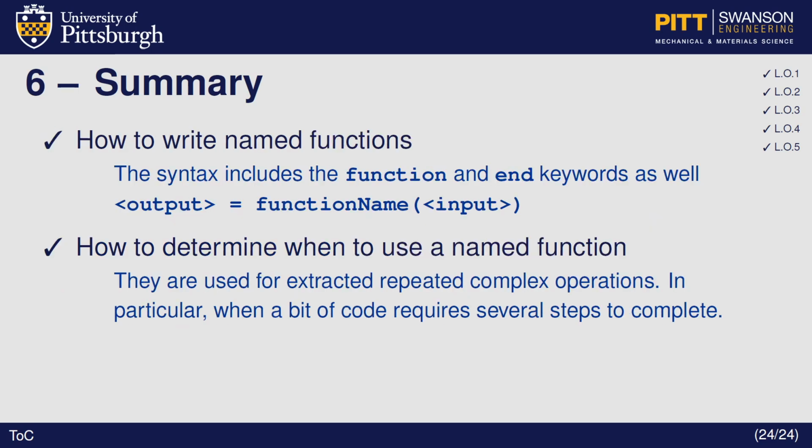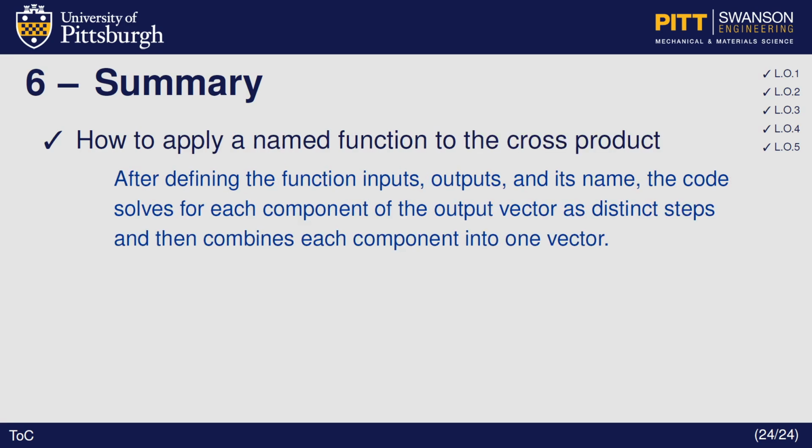The syntax includes the function and end keywords, as well as the output specified in brackets, function name, and the input specified in parentheses. And it's good to use a named function for extracting repeated complex operations, in particular when a bit of code requires several steps to complete.